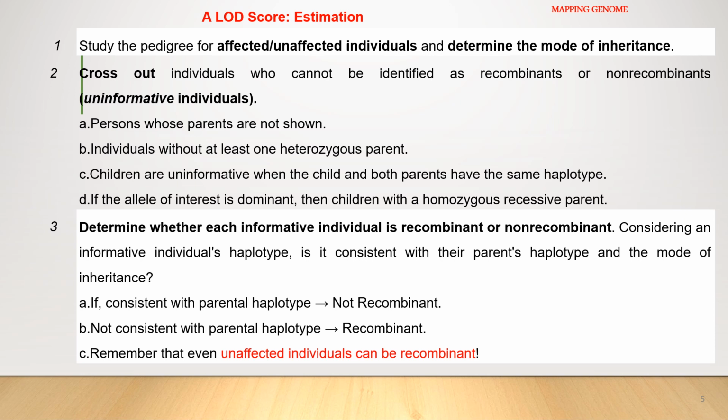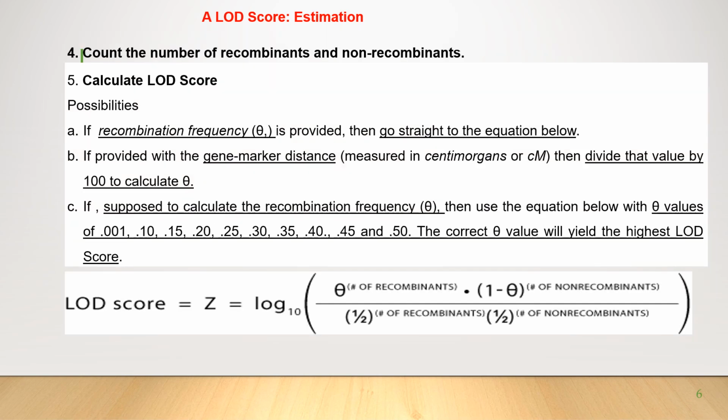If not consistent with the parental haplotypes, they are recombinants. You should remember that even an unaffected individual can be a recombinant. Next, count the number of recombinants and non-recombinants.